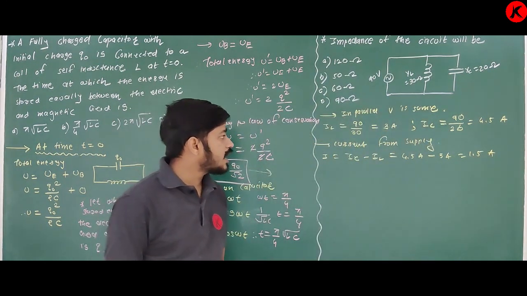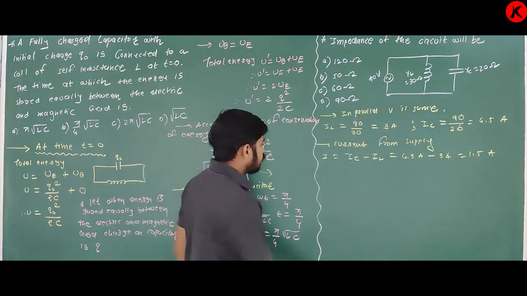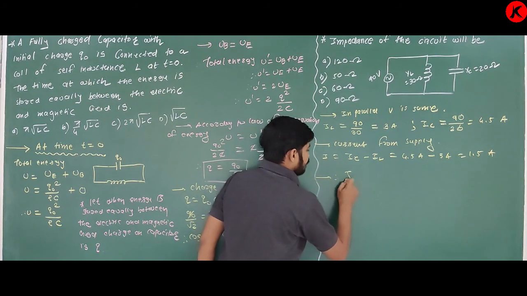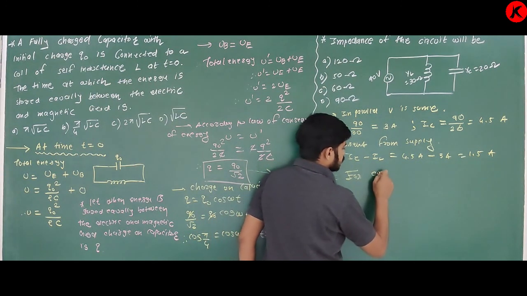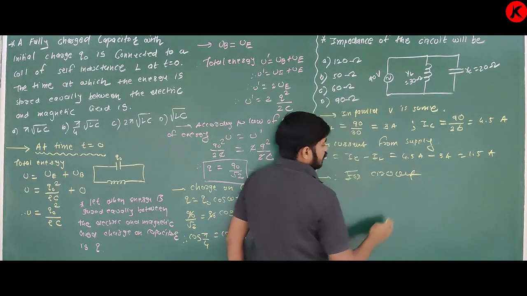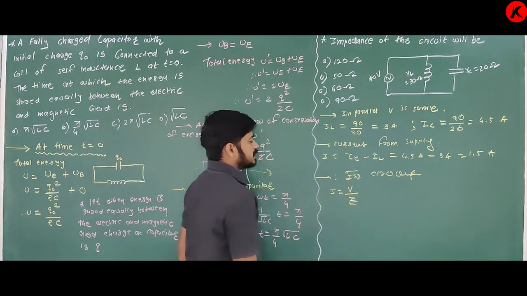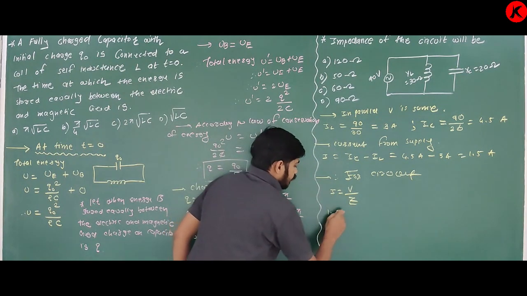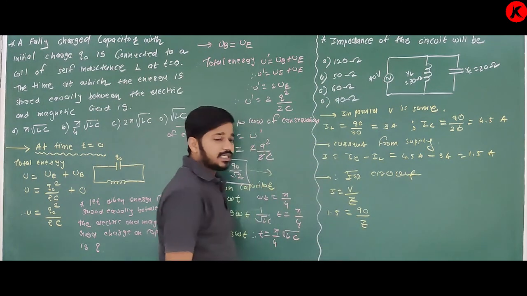And as it is connected across 90 volt, for the whole circuit we can write I = V upon Z. I is 1.5 and V is 90, and Z is the impedance of the circuit.